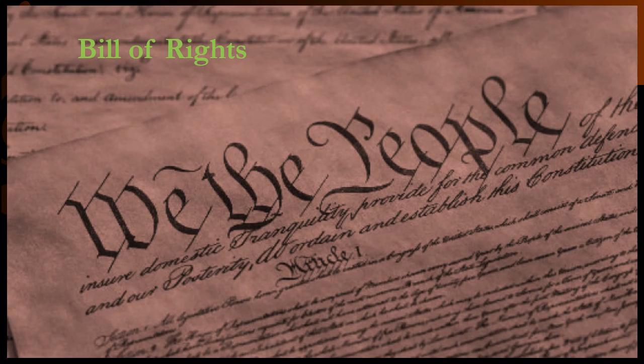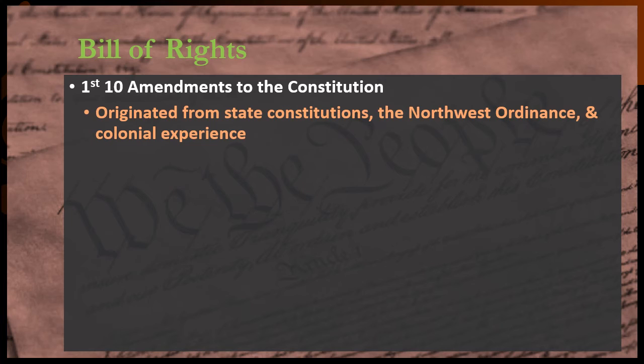A second thing that happens in the early American government is something that the Anti-Federalists asked for: a Bill of Rights. One of the things that the Anti-Federalists criticized the Constitution for was that it did not list the rights of people to be protected from their government.